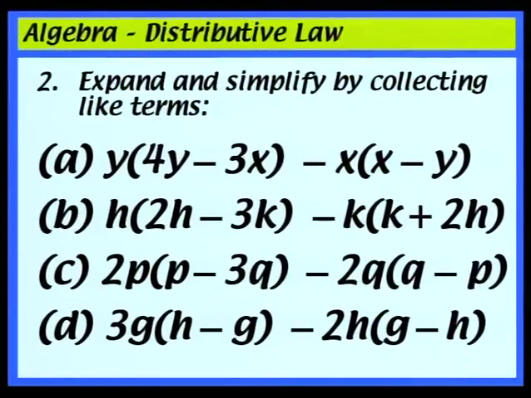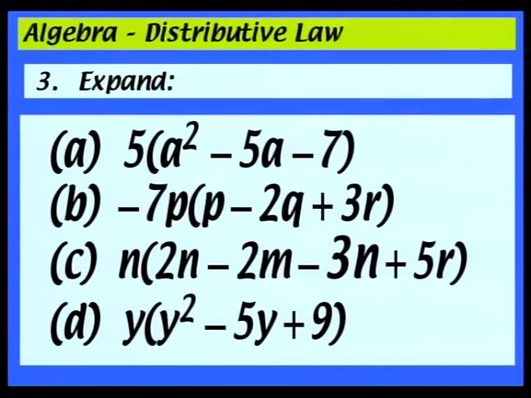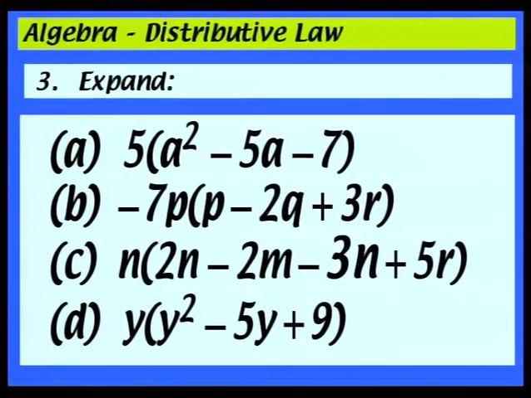He said gh plus 2h squared minus 3g squared, or you can have 2h squared plus gh minus 3g squared. Letter A for number 3, Livingston. 5a squared minus 25a minus 35. Correct. Patrick? Minus 7p squared plus 14pq minus 21pr.